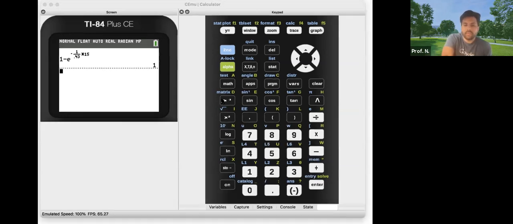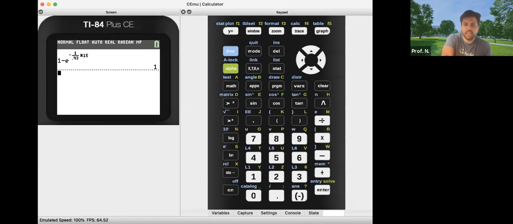Oh, do you guys see the tiny mistake that's done here? Does anybody see the mistake that's done here?